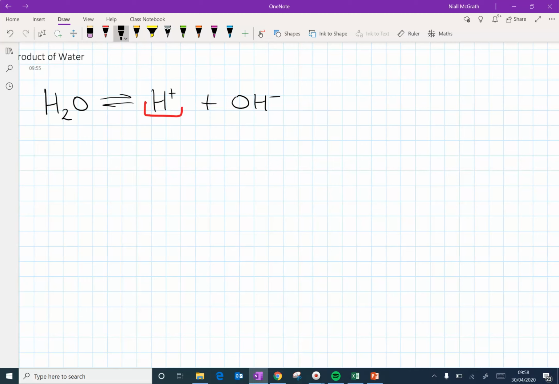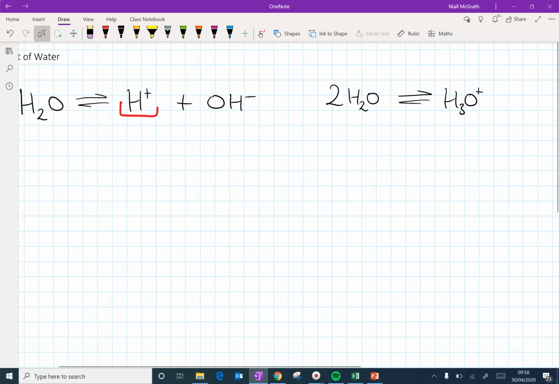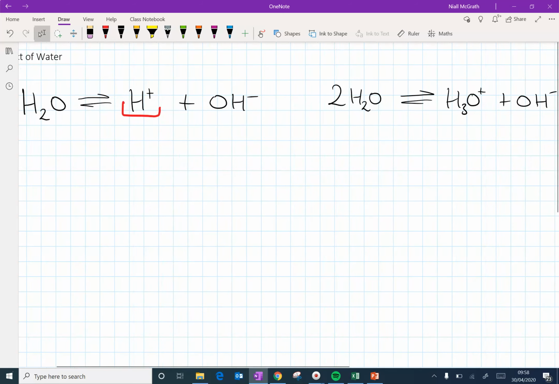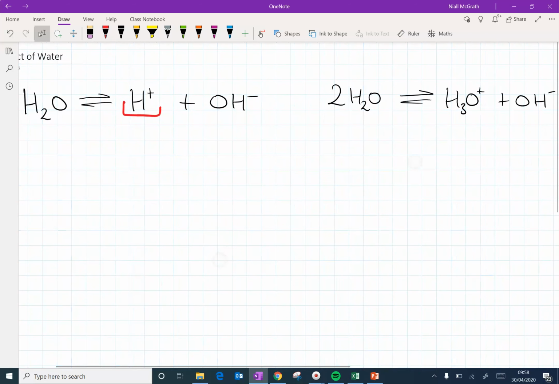So a more accurate way of representing this would be 2H2O giving H3O plus plus OH minus. Both ways are used in questions. Even though the one on the left here isn't 100% accurate, it is used in questions.